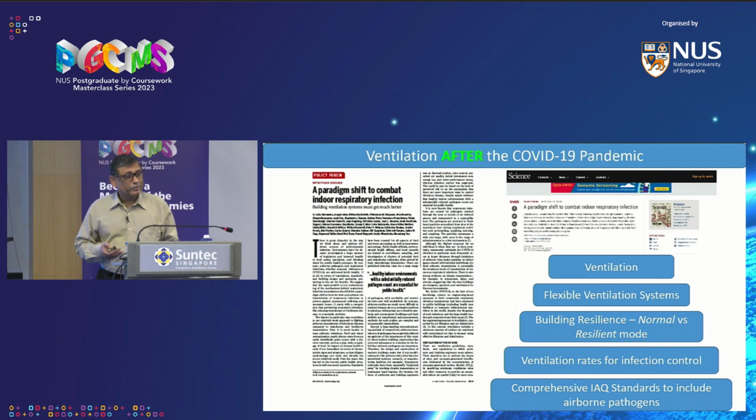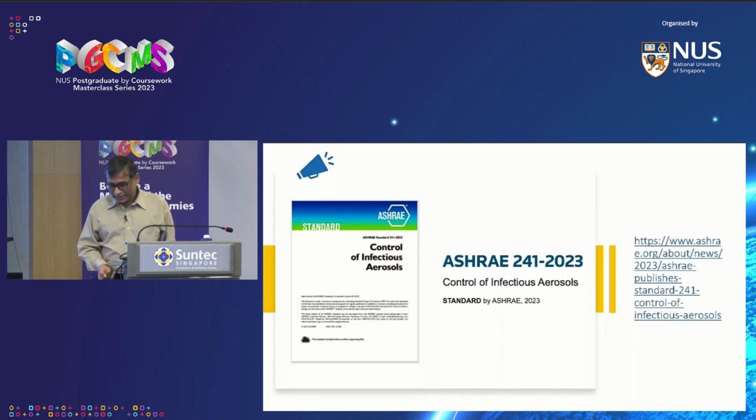We made the point that you need to have a better handle on how ventilation is provided, more ventilation when needed, cleaner air when it is needed, and you had to be able to manage that on an as and when needed basis. That straight away introduces the word resiliency. The system has to be designed in a resilient manner. It has to be able to operate on an as and when needed basis.